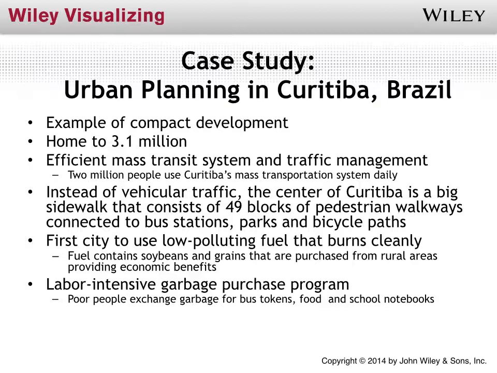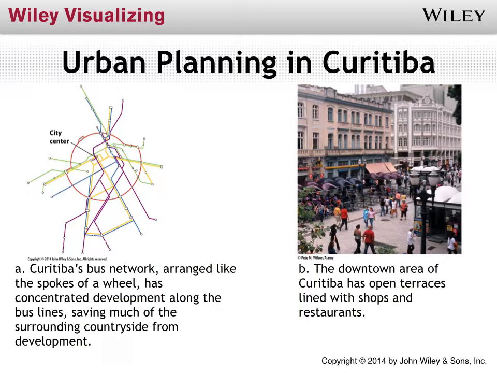The government is incentivizing the population to not pollute the environment by providing them with something of economic value to them. And so again, just some images of how the bus network is arranged, and some examples of the downtown area, how it looks.